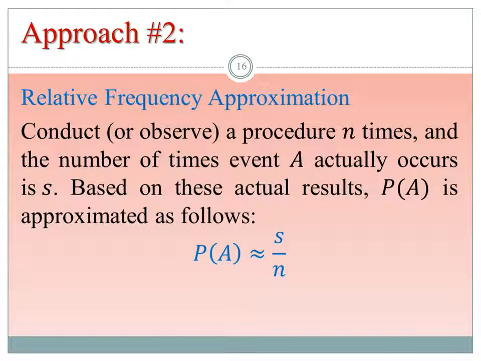Based on this actual result, the probability of A is approximately s divided by n. Nowadays we use this relative frequency approximation approach, so we developed a standard method for probability calculation.